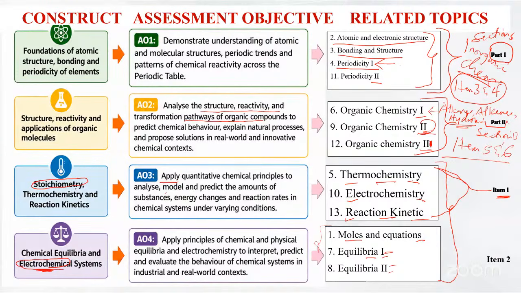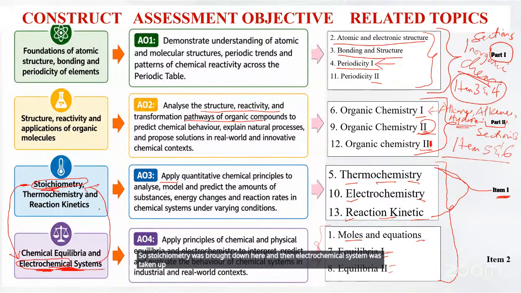I want you to just listen a little bit, one minute. We say that this electrochemical system and the stoichiometry were interchanged. So stoichiometry was brought down here, and then electrochemical system was taken up there. Is that clear? Yes, it was interchanged.